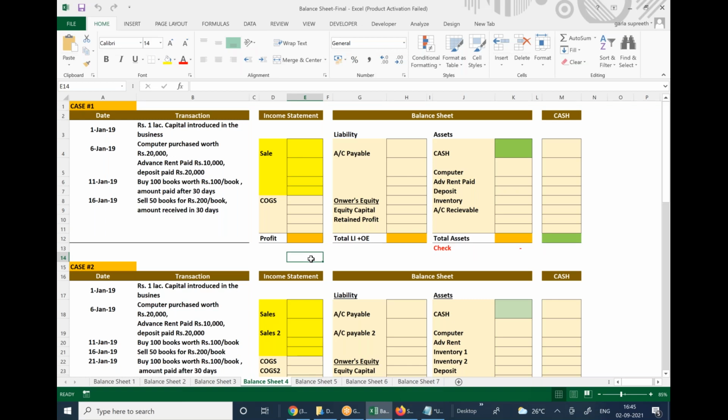First, let us go with a simple problem, case one, and understand what it is. I'm sure you would have done it before my explanation, but for others who will get to understand, I'll explain slowly. On January 1st, 2019, rupees 1 lakh capital introduced in the business. What should I do? Obviously, we all know this will go and sit under equity capital as 1 lakh.